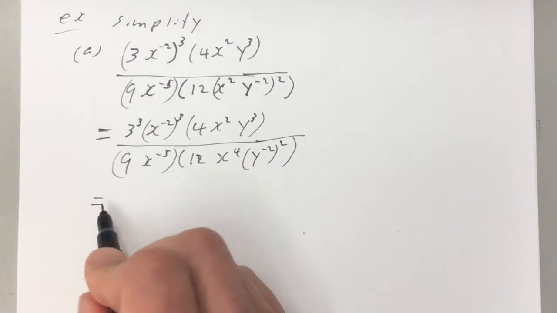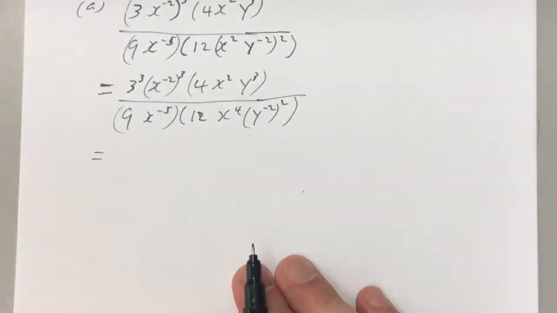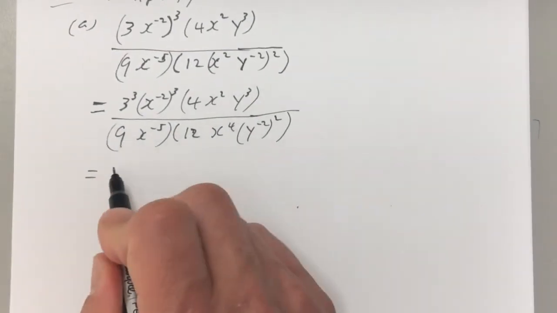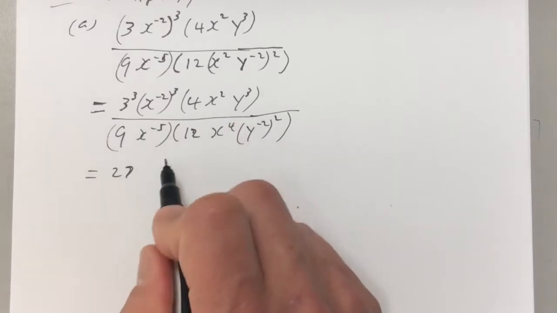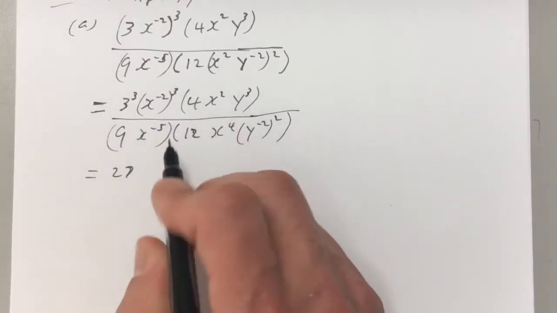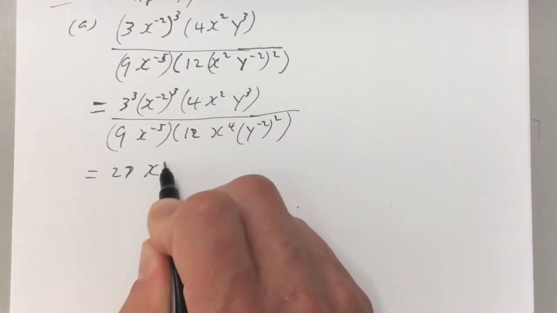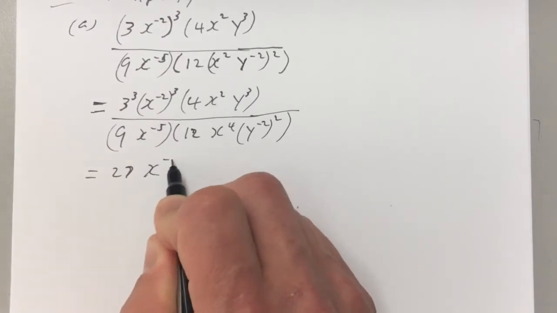And we simplify it one more time. So you can skip steps in this. This is a long way of doing it. Okay, so 3 cubed is 27. x to the negative 2 to the 3 would be x to the negative 6.